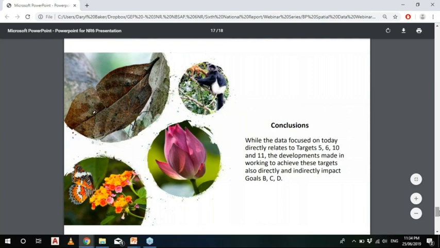For example, IT targets 5, 6, 10, and 11, and we also have some kind of indirect information for other IT targets. But we hope that in the near future, in the next round of reporting to CBD, we can have more spatial data relating to wider and broader IT targets.